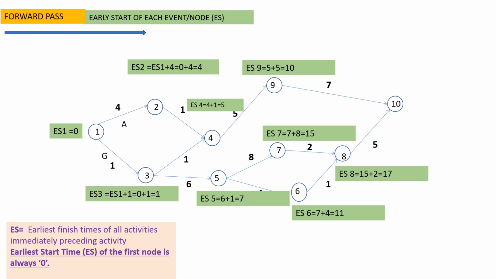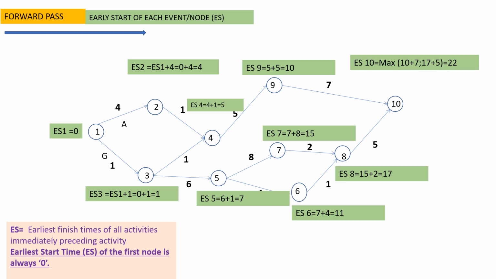Now, early start at node 9 equals early start of node 4, which is 5, plus duration of the event, 5, that is equal to 10. Early start at node 10: again at node 10, two activities are merging. They are activities 9 to 10 and 8 to 10.